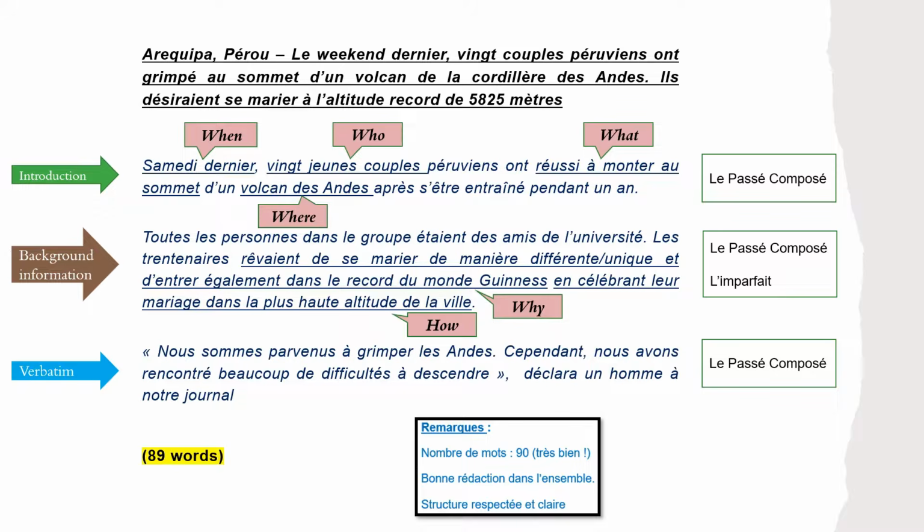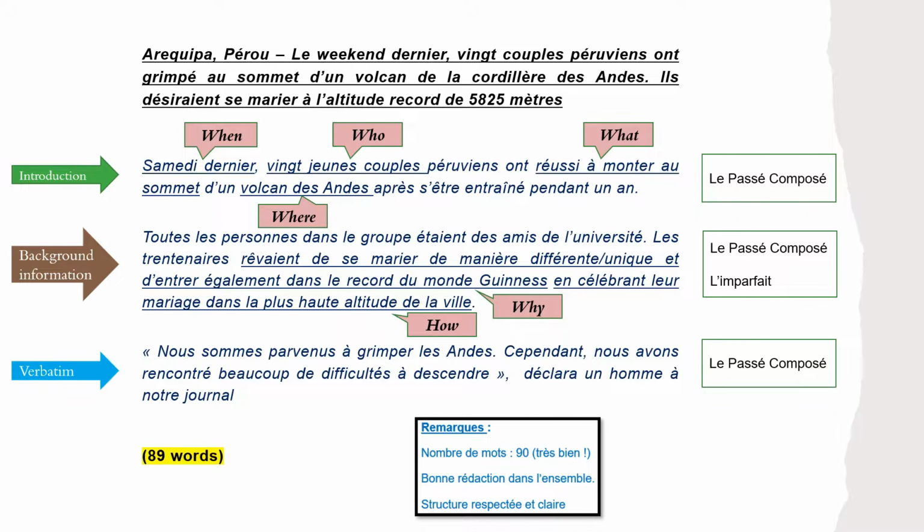Then in the background information, I'm giving information way back in the past, because when these people were in university, at that time they decided to get married in a unique way. That's why I'm using passé composé as well as imparfait. And then the verbatim is simply in the past, passé composé in near past tense. So that is the structure.